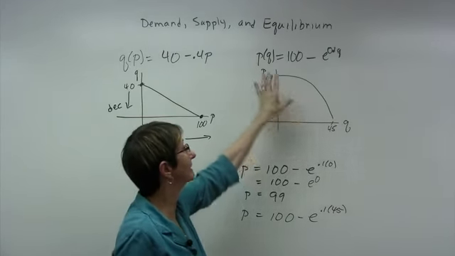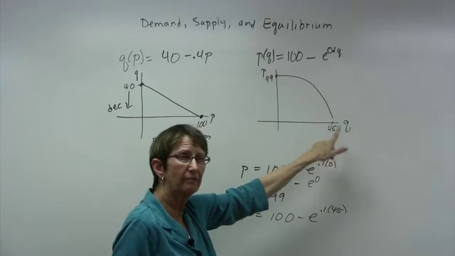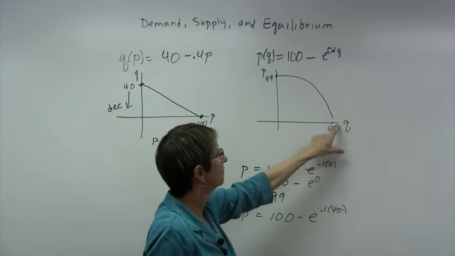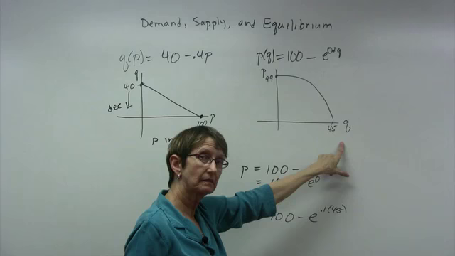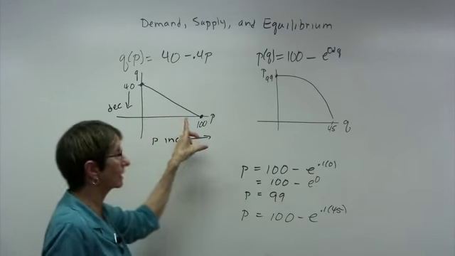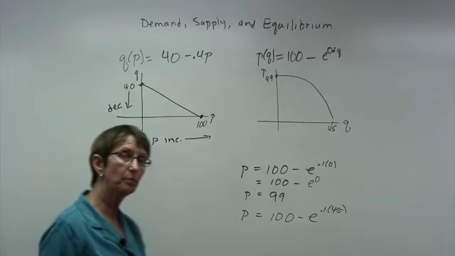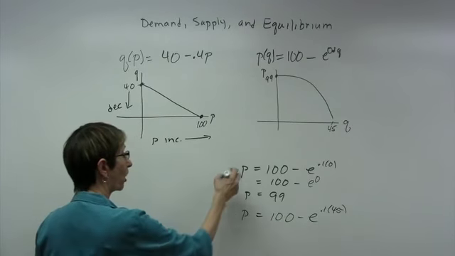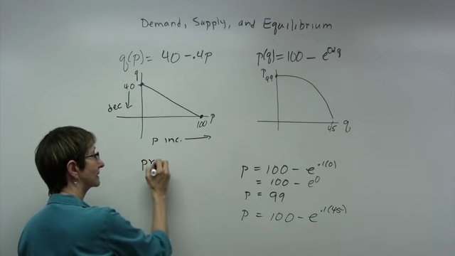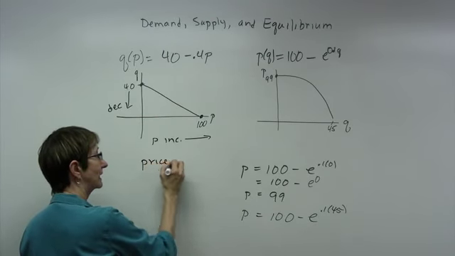It is decreasing. Now, I can't go much beyond 45, maybe 46, before it drops below the axis. The same back here. If I go beyond 100, it drops below the axis. But remember P and Q. P is price. Price is positive. You can't have a negative price.